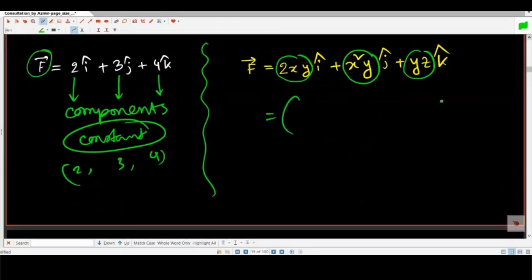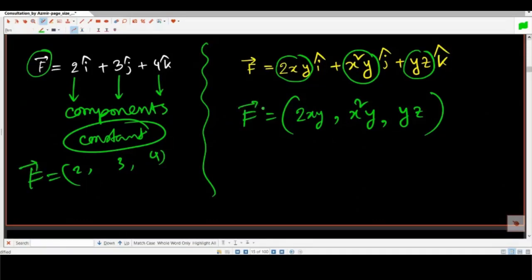That means if we collect the components 2xy, comma x squared y, comma yz, just like 2, 3, 4, this is the vector. So similarly, here we have f equals 2xy, comma x squared y, comma yz. So this time the components are functions.